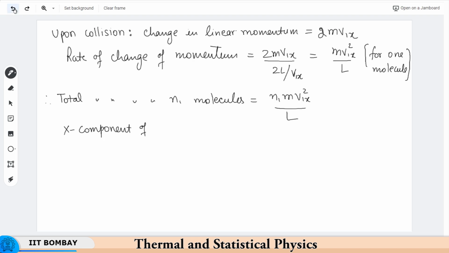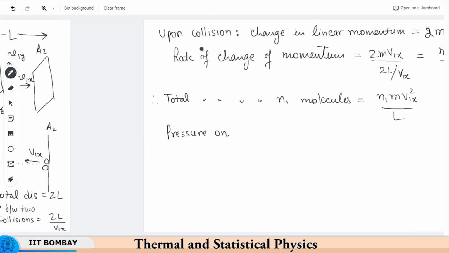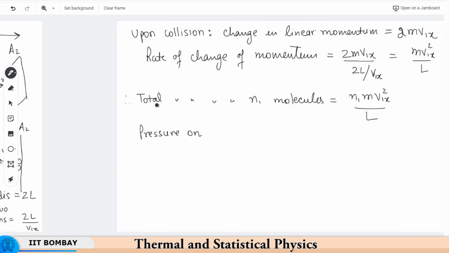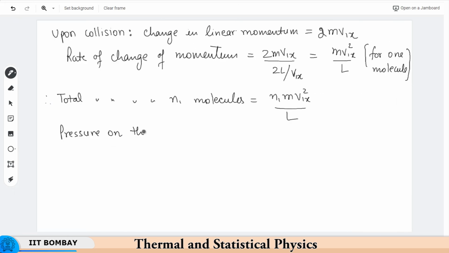okay. So therefore, the pressure on the wall which is in the yz plane, or on the yz wall, let us call it P1x, and we can also call the force F1x, right.